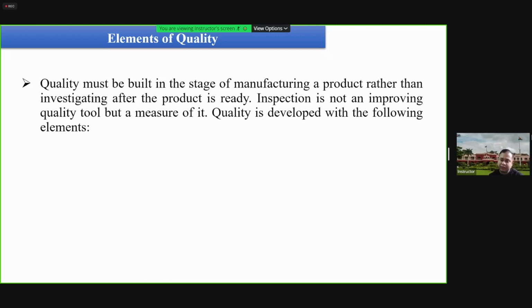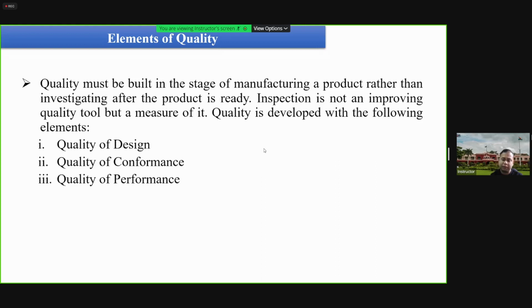As we were discussing in the first class also, one is the quality of design, another is quality of conformance, then quality of performance. These three are the important elements of quality when we are trying to ensure that the product is of optimum quality.